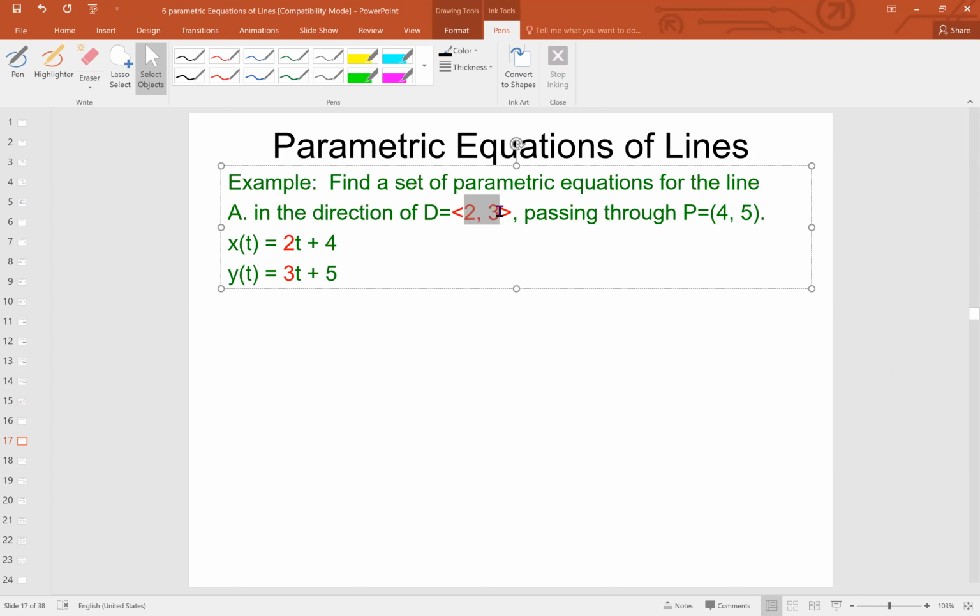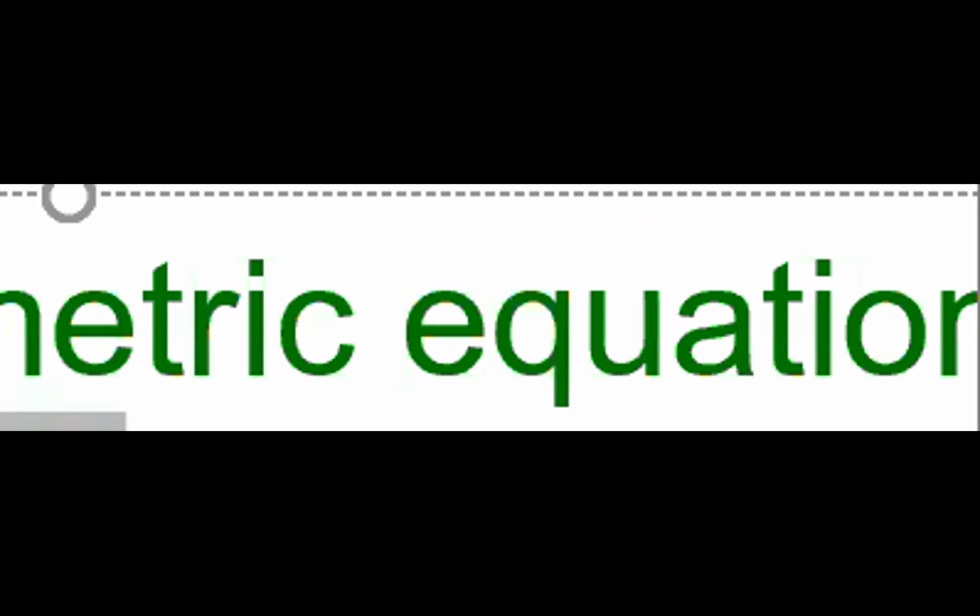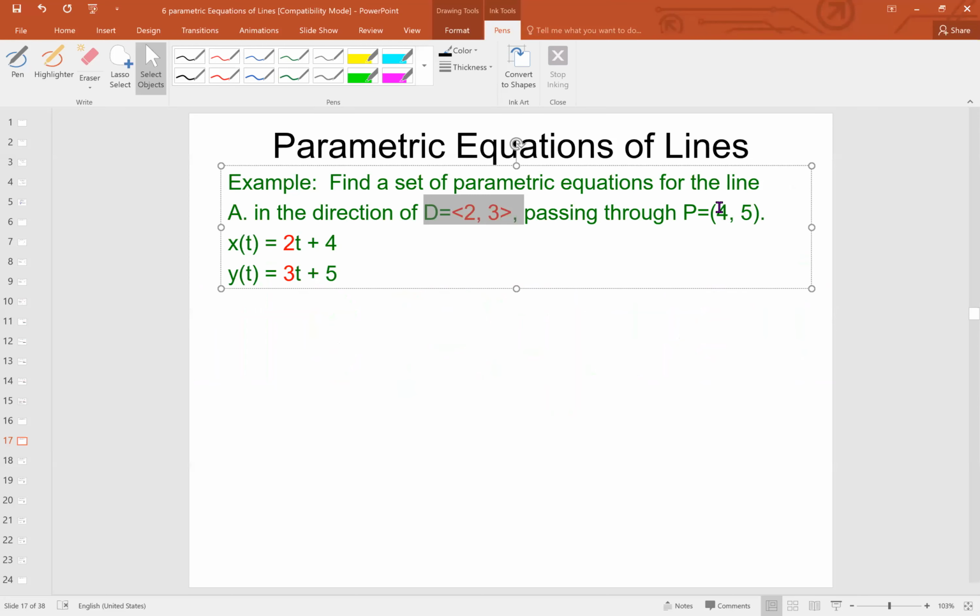The 2 and 3 go in front of the coefficient for t, and then the 4 and 5 just add coordinate-wise, x to the x and y to the y. The vector d here serves like a slope, and the point P is another point. This is a slightly different variation of x of t and y of t.